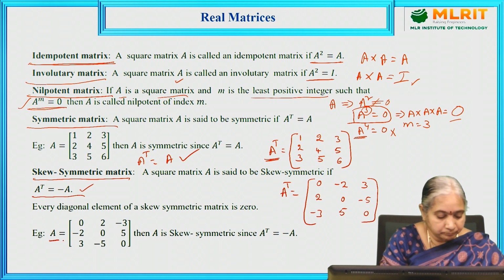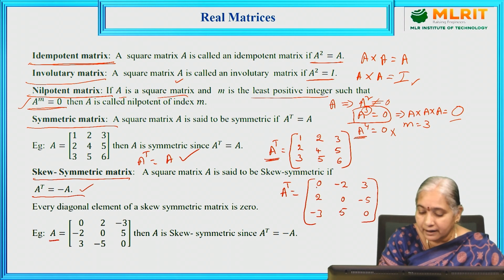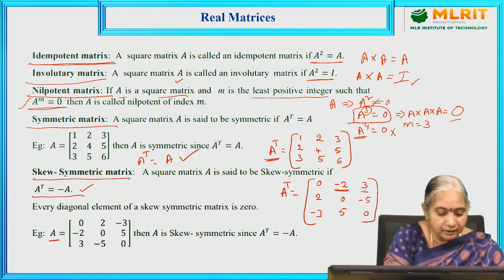Now observe these two matrices A and A transpose. Here the first row elements are 0, 2, minus 3. In A transpose the first row elements are 0, minus 2, 3, that means the negative of matrix A. Similarly, the second row is minus 2, 0, 5.